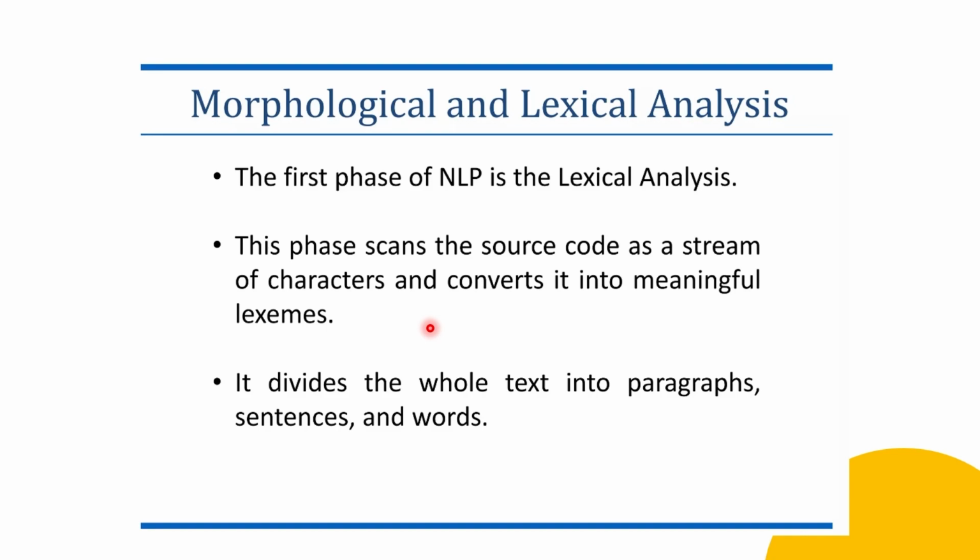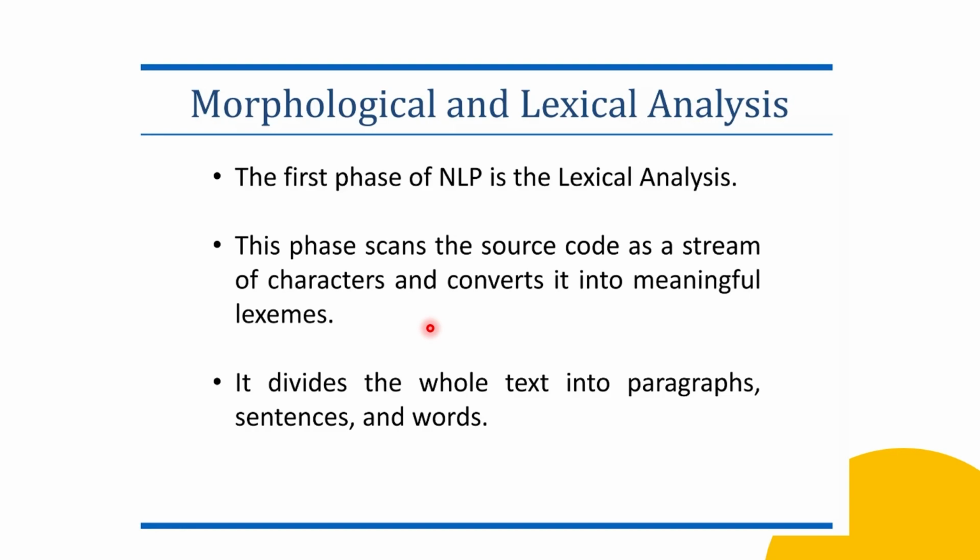So it is the process of identifying and analyzing the structure of these words. For example, these words which are divided from the paragraphs, clauses, phrases, this word is the smallest unit of text, and it is called the token.